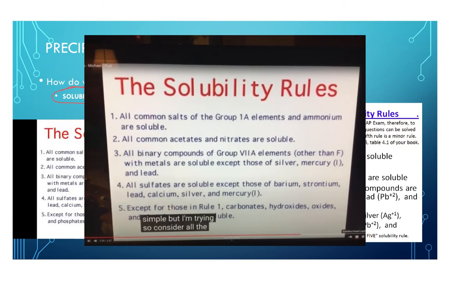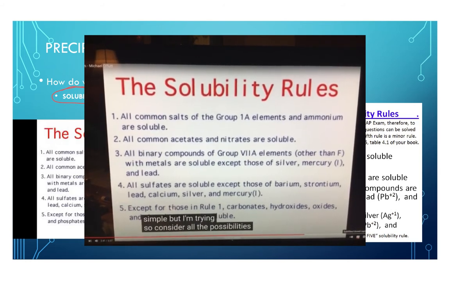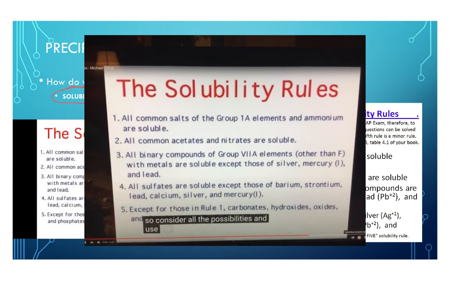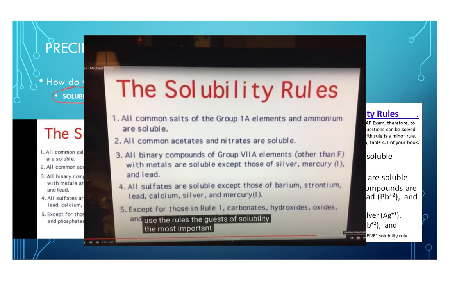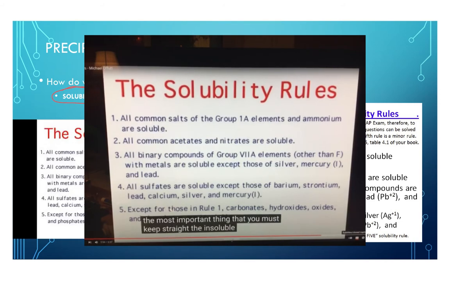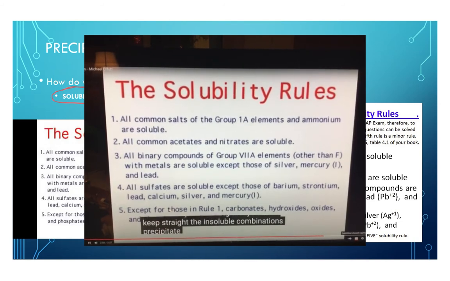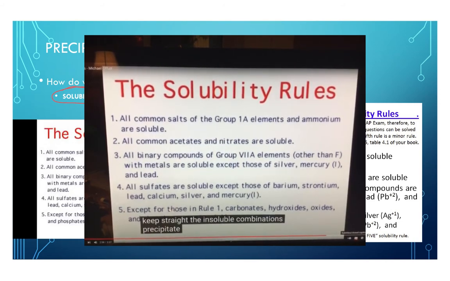So consider all the possibilities and use the rules to guess the solubilities. The most important thing that you must keep straight: the insoluble combinations precipitate. Solubility rules, they're really great.